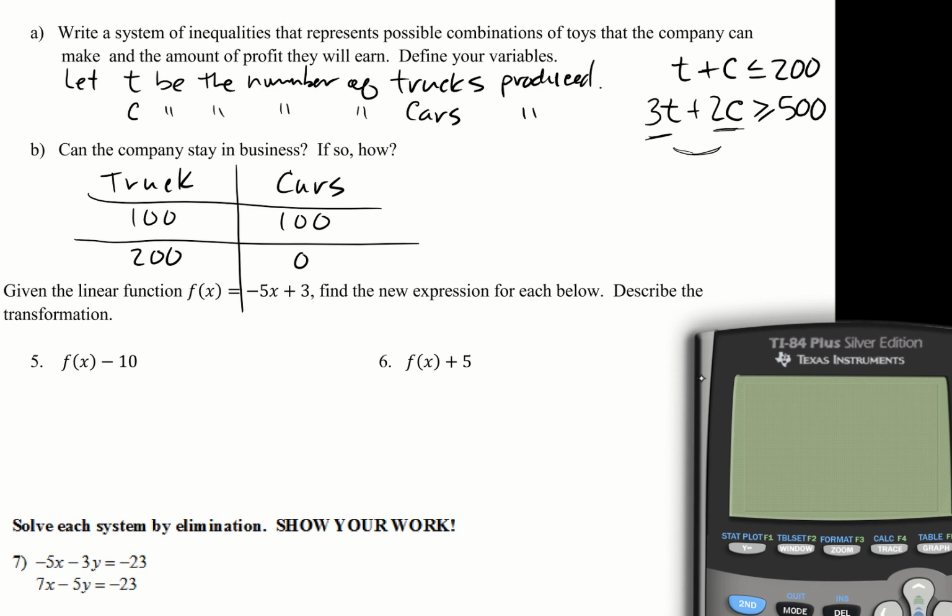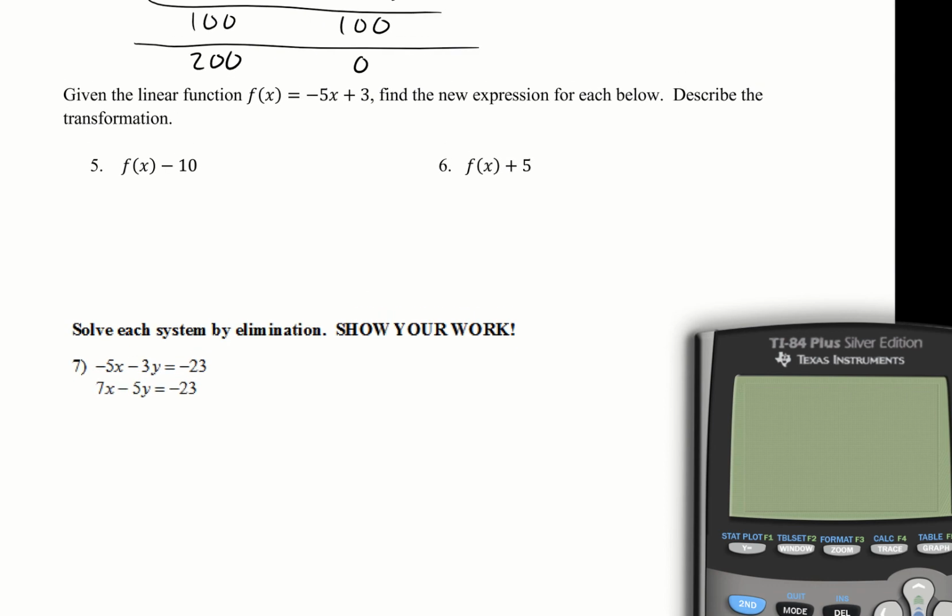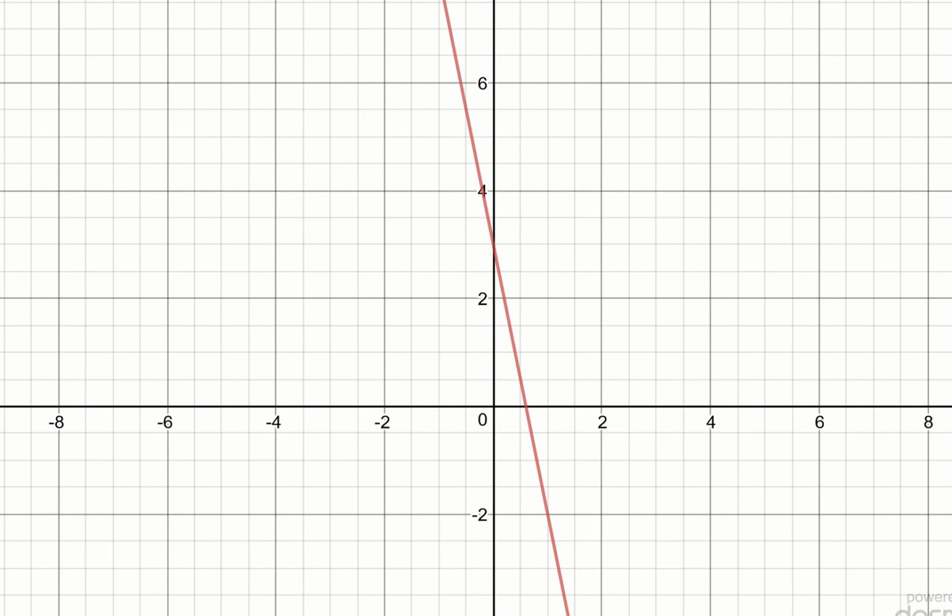So, okay, let's move on to question number 5. It says, given the linear function f of x equals negative 5x plus 3, find the new expression for each below, and then describe the transformation. So what's happening here is I've got this function, negative 5x plus the number 3.